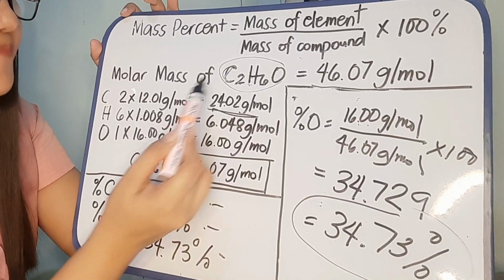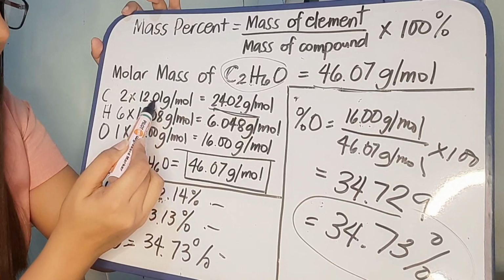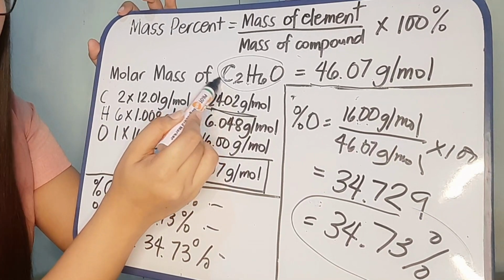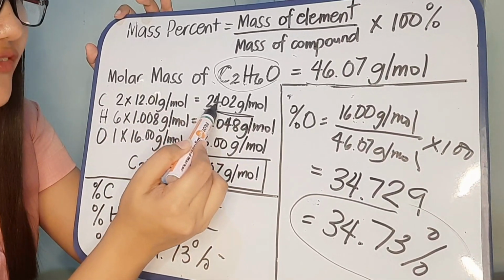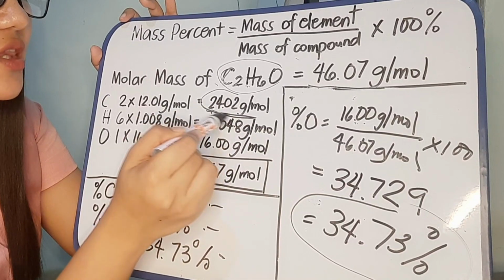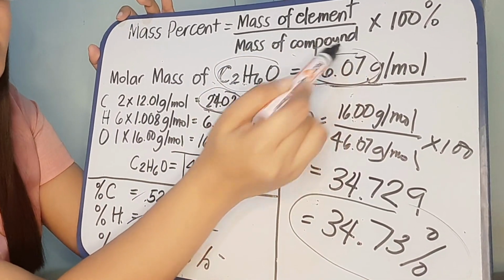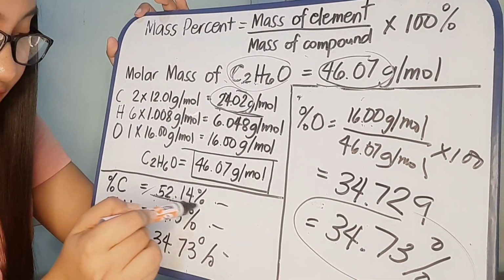So, ibig sabihin, yung atomic mass ng carbon, which is 12.01, imumultiply mo siya sa 2 sa kadahilanan na dalawa yung mole natin ng carbon dito. And then, kapag nakuha mo yan, saka mo nakuha yung 24.02. So, ito mismong 24.02 ang i-divide mo sa mass ng compound, which is 47.07 times 100, saka mo pala makukuha yung 52.14.